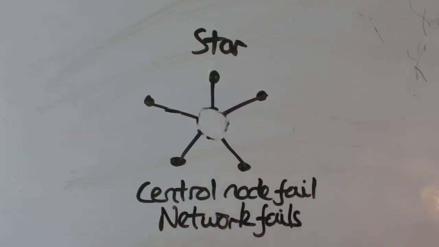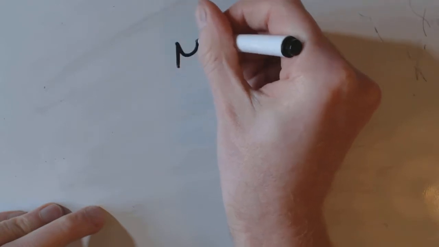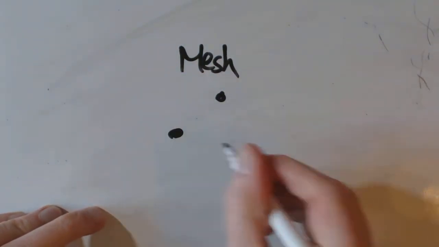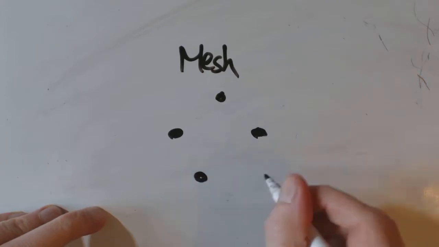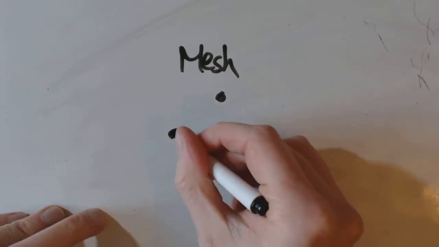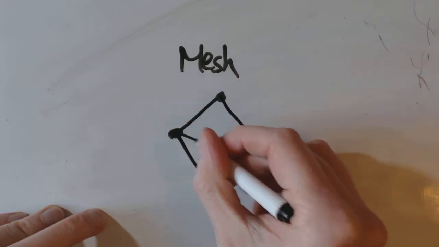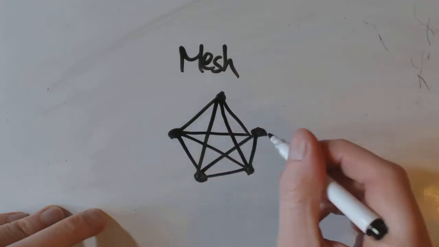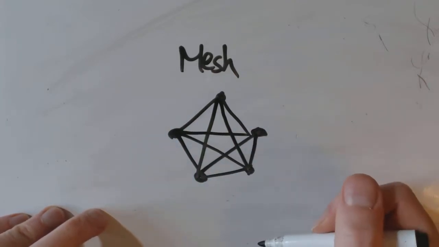Now, with the star network, if we decide to join all the nodes together, we get something called a mesh network. This is when we have these nodes and we just connect them all together. This is the most robust network you can have. Every single node is connected to every other node.